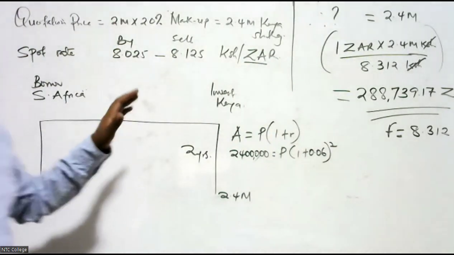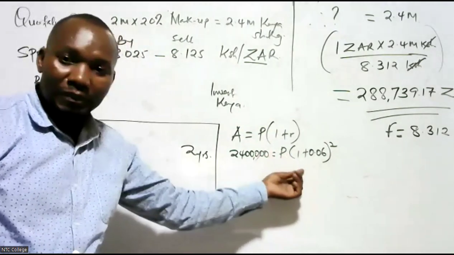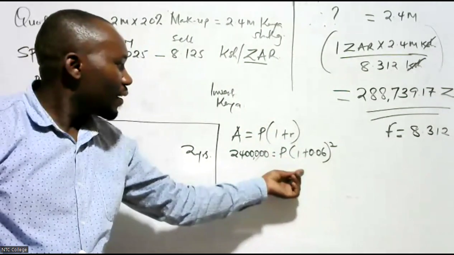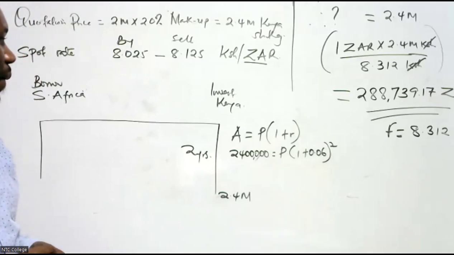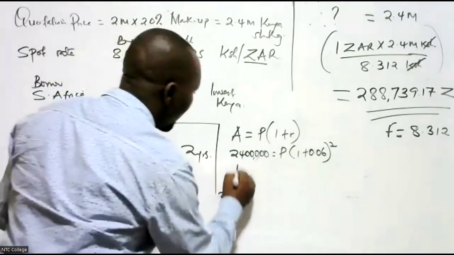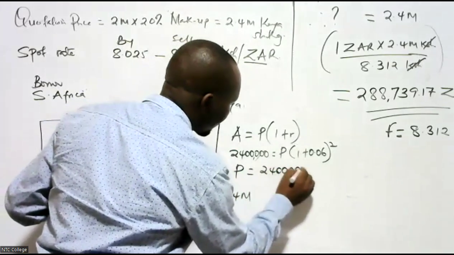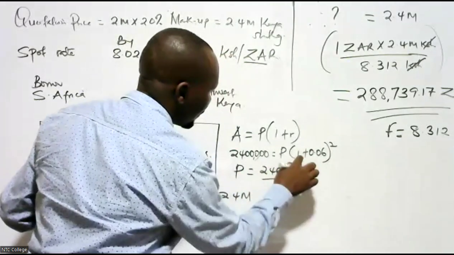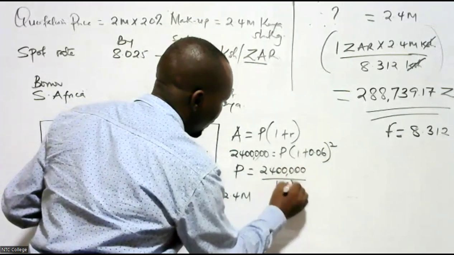Nyinyi mlifanya FM juzi huko kwa intermediate level. Is this how you get the principal? Is that how you do it? So calculate for me that. So our P is going to be 2.4 million over 1.06 raised to power 2.